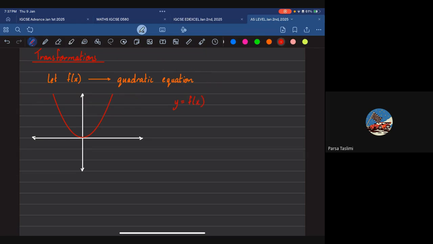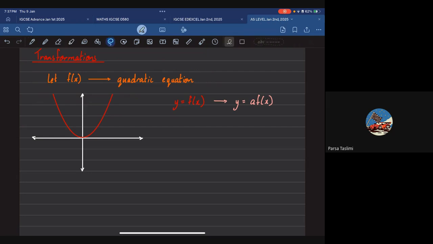Now, what if one scenario states that something is multiplied not with one individual aspect of the equation, but with the entire equation? Something is multiplying outside the bracket of the equation. Let's assume the equation is placed in a bracket and something is multiplying outside.